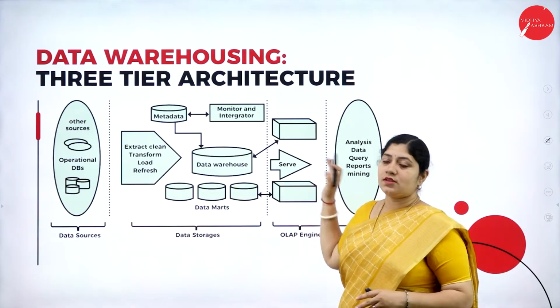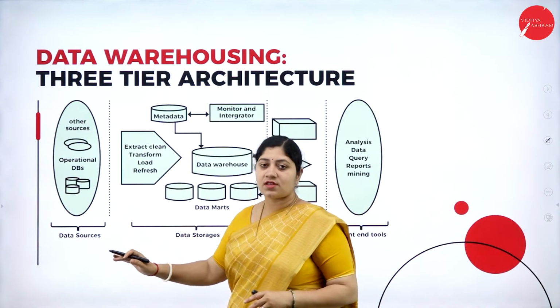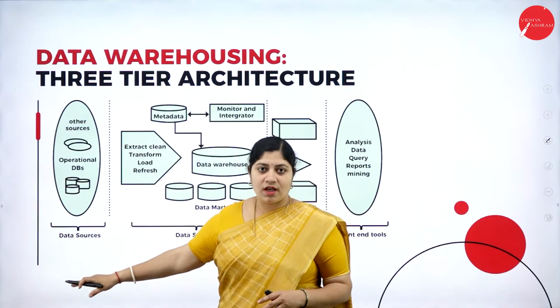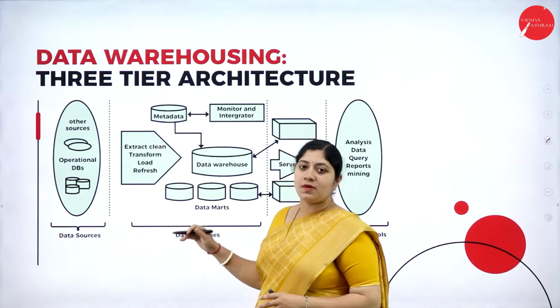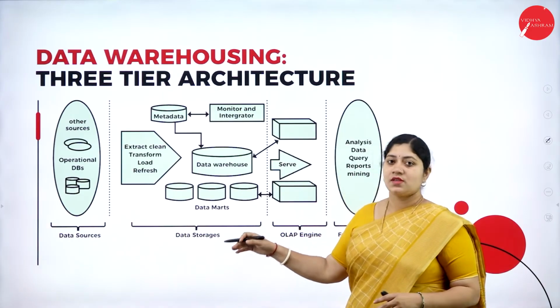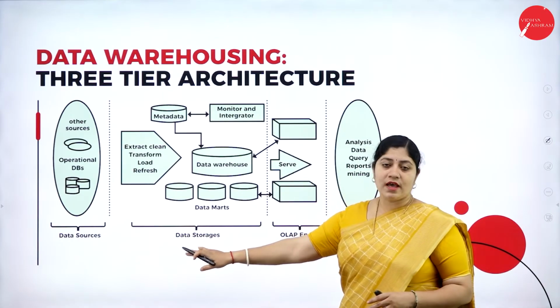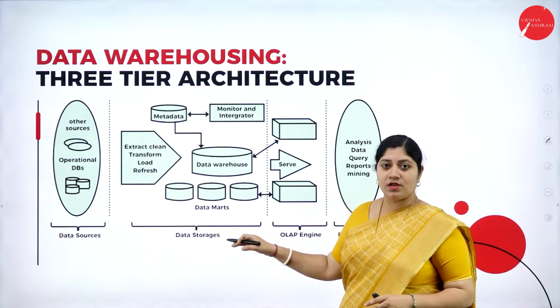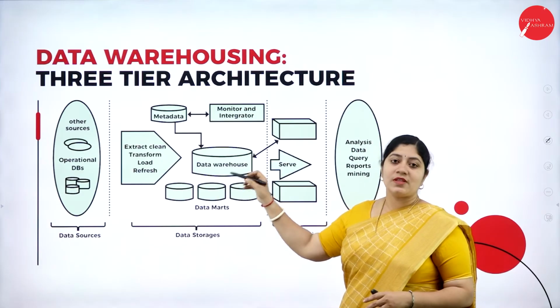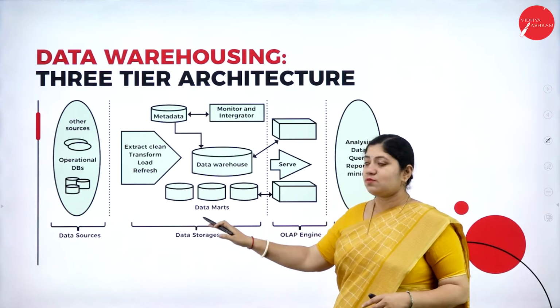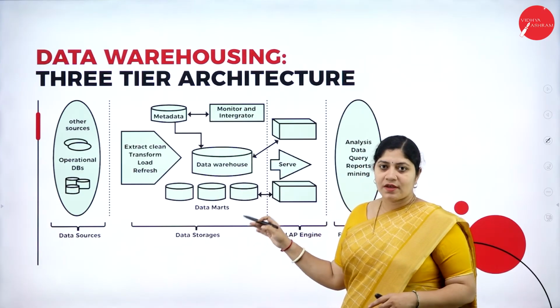So this is a three-tier architecture where it starts with a bottom tier, which is also called data sources, followed by the middle tier, which is completely utilized for data storage. And over here, you can see there is a data warehouse, which is supported by metadata as well as different data marts. Great, right?